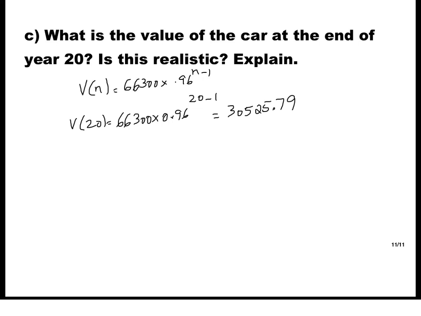Depending on how you keep the car, if it's involved in an accident, if you take it to the garage and do all the maintenance every year, then probably the price seems to be okay. But if you don't do those things, then this value after 20 years is a little bit exaggerated. The value is too much.